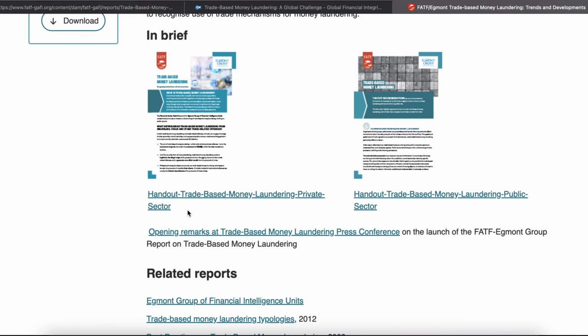This report is instrumental in helping both public and private sector firms identify potential instances of suspicious trade activity. The risk indicators are categorized into structural, trade activity, trade documents and commodity, and account and transaction activity risk indicators, each offering specific red flags to look out for.